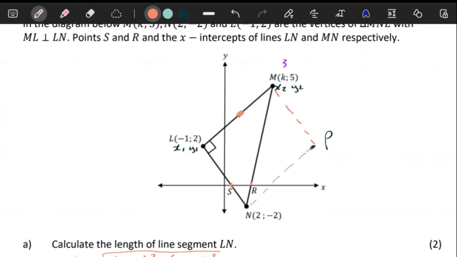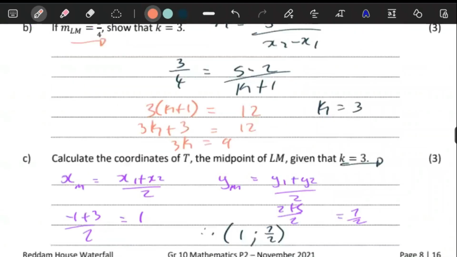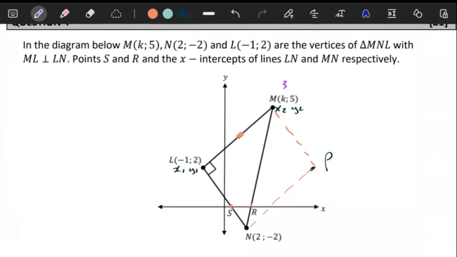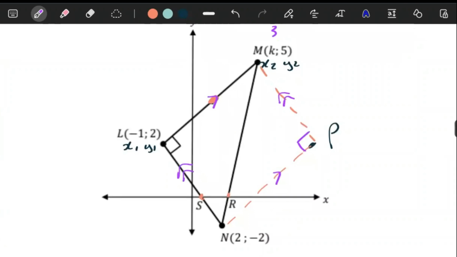What I mean by that is, you have to remember that your coordinates are always linked in a way, you see. So if this is going to be a parallelogram, it means that this has to be parallel to that, and this has to be parallel to that. Now, you want to compare the distances between these coordinates, right? You already know that from 2 to -1, you would have moved 3 units to the left.